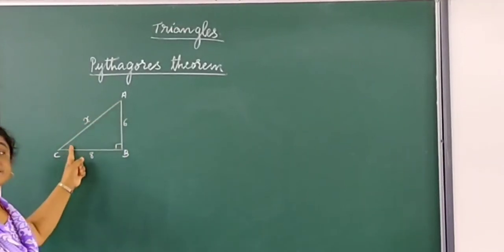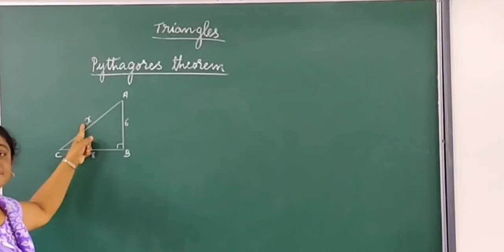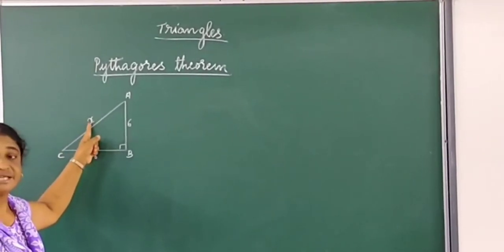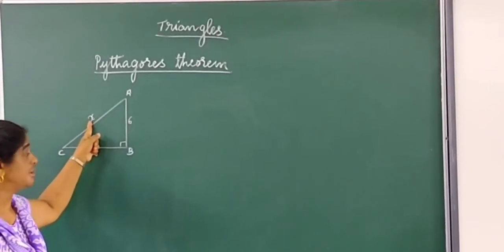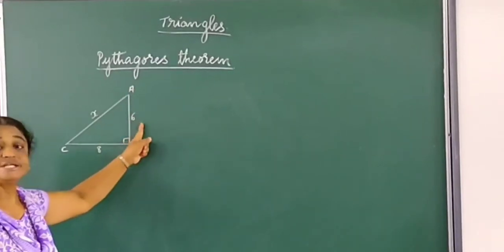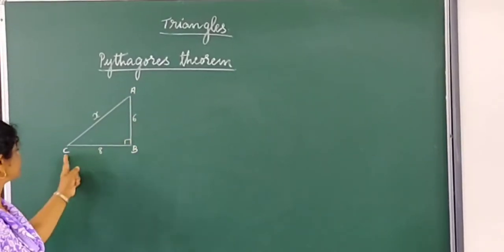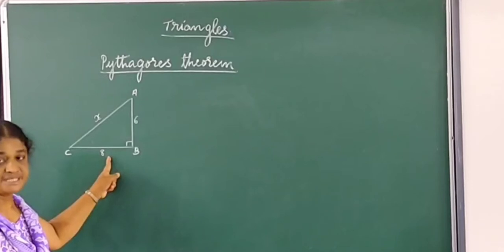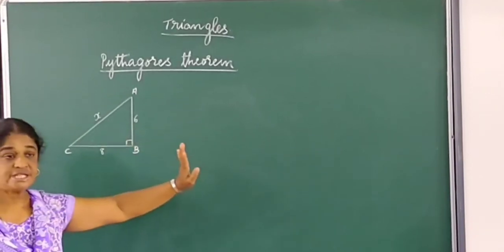According to the Pythagoras theorem, the square on the hypotenuse. Now, AC is the hypotenuse and you have to find the length x. This length x is an unknown number. Here AB is given as 6 centimeters and BC is given as 8 centimeters. Now, what does the Pythagoras theorem tell?